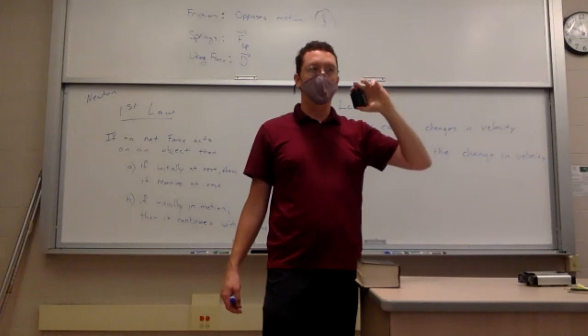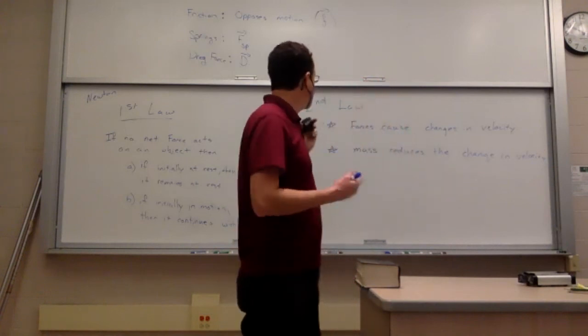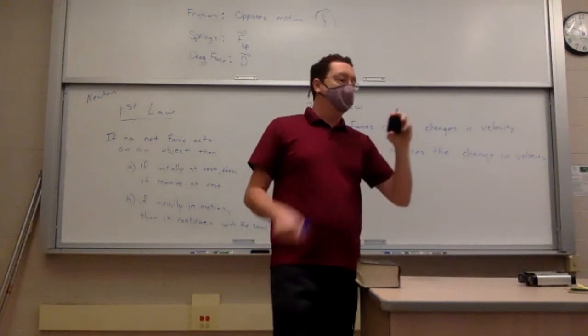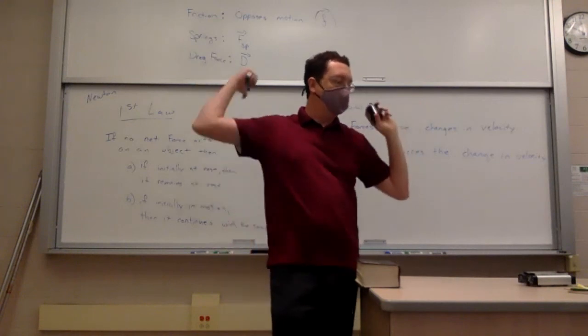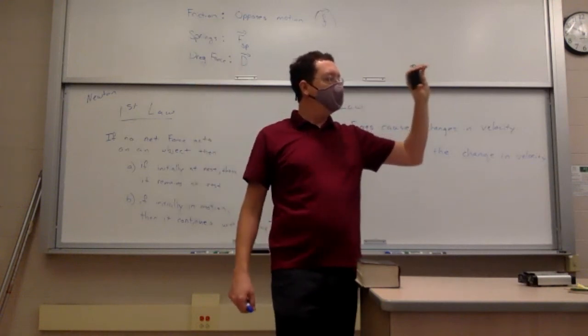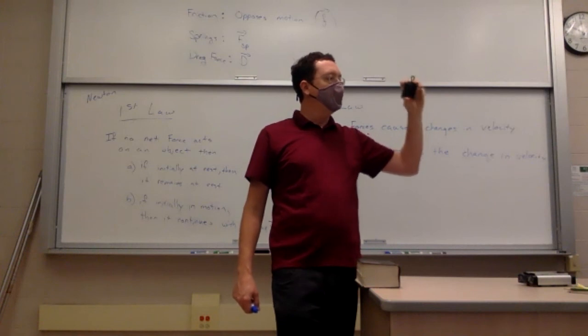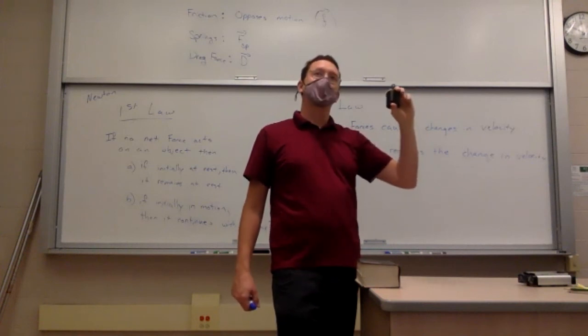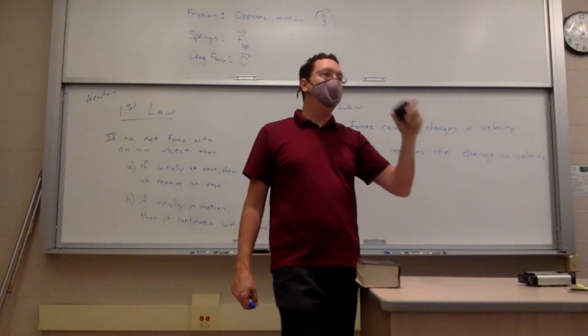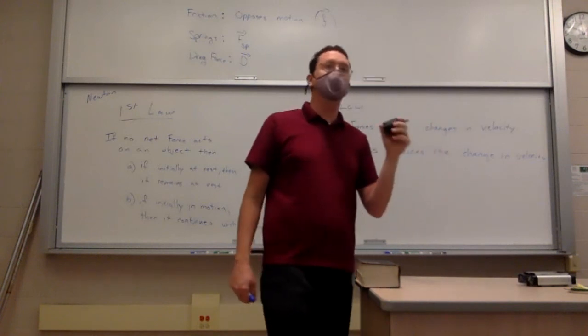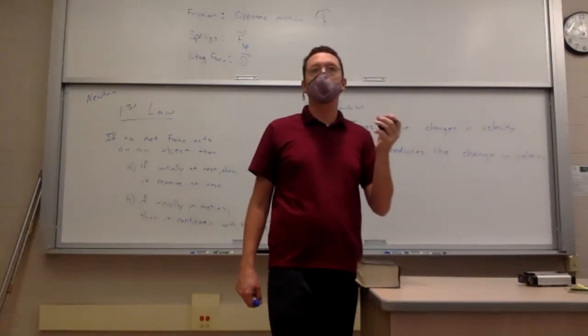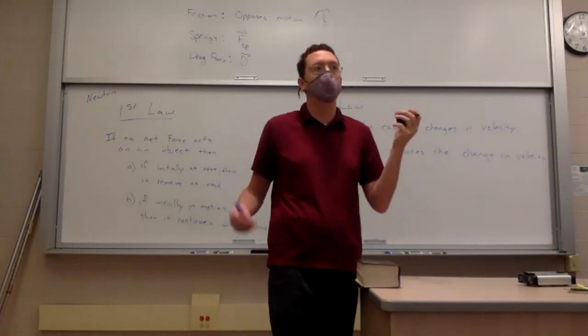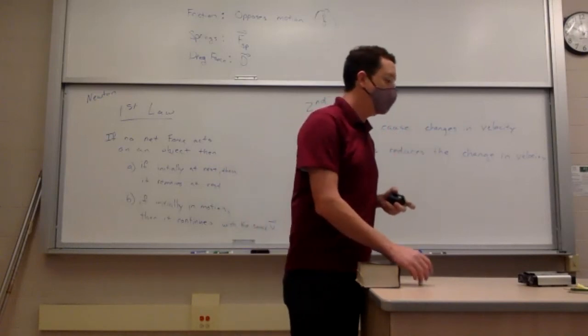So inertia, anyways, there's a principle of inertia, which should actually be the first one. But basically, mass governs the resistance to changes in velocity. That's how you measure mass. That's one way to measure masses of things.